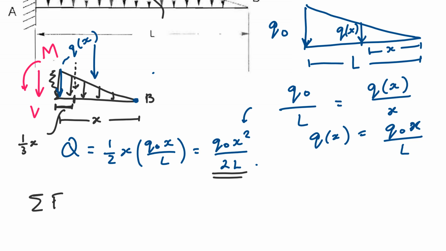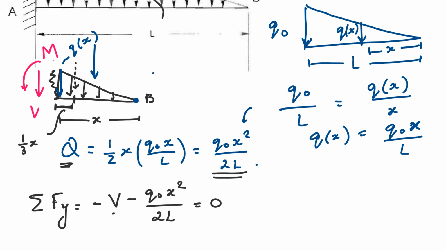Sum the forces in the y direction. What is that going to give us? Well, we have V going downwards, right? So that's negative V. And then we're also going to have this load going downwards. And what is this load? Q. So it's going to be minus V minus Q naught x squared over 2L equals 0, because the sum of the forces has to always be equal to 0.